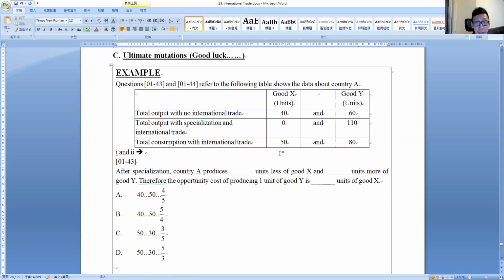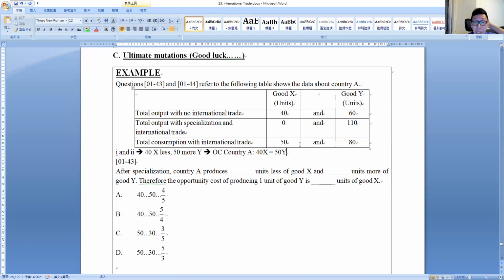You have 40x less, but you get 50 more y. You give up 40 x and get 50 y back. What does that mean? It means the opportunity cost of country A would be 40x equals 50y.